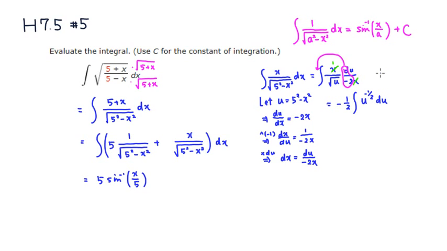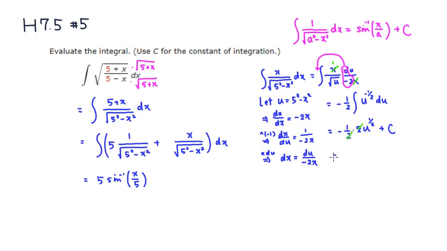So this is equal to negative 1/2. I add 1 to the power, so it's going to be u to the 1/2 power. Dividing by 1/2 is multiplying by 2, so I'm going to put 2 there, and then plus some constant c. We can see that the 2 on the bottom and the 2 on top cancel out.